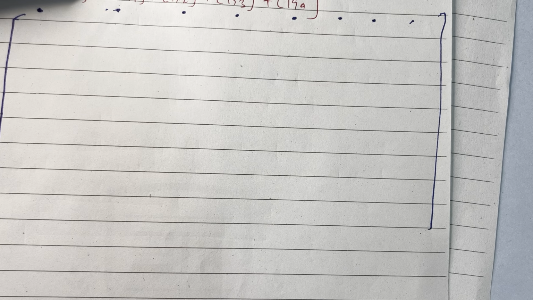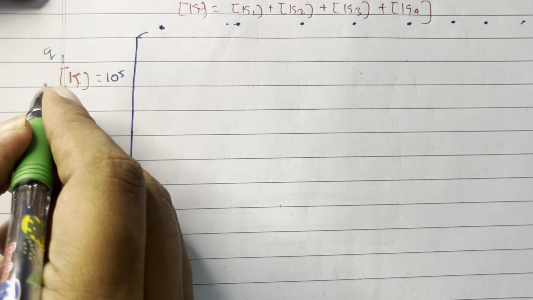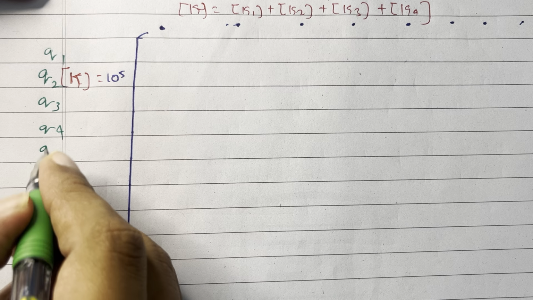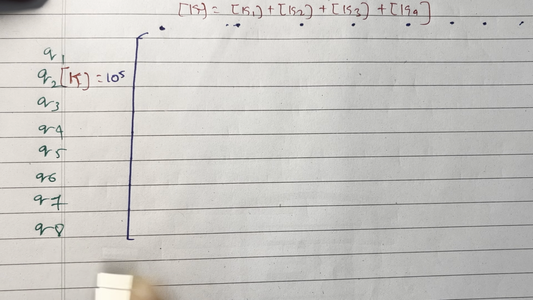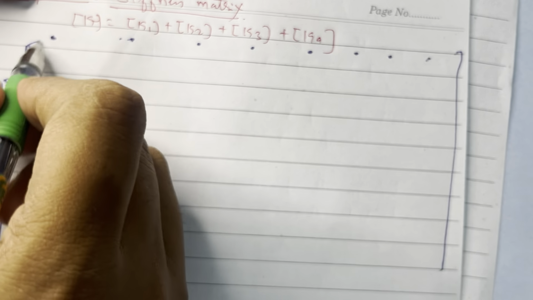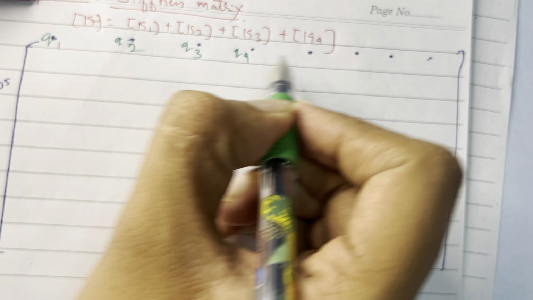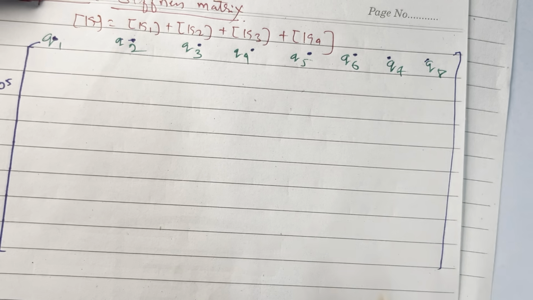See, this row is related to Q1, this row is related to Q2, this is Q3, this is Q4, this is Q5, this is Q6, this is Q7, this is Q8. Similarly, this column is for Q1, Q2, Q3, Q4, Q5, Q6, Q7, Q8.